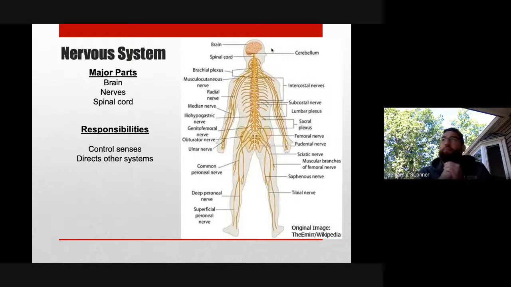And so, just like the aorta split up all the blood coming out of the heart that needs to go everywhere, the spinal cord splits up all of the directions, nerve impulses, anything coming in and out of the brain. They ride the spinal cord.